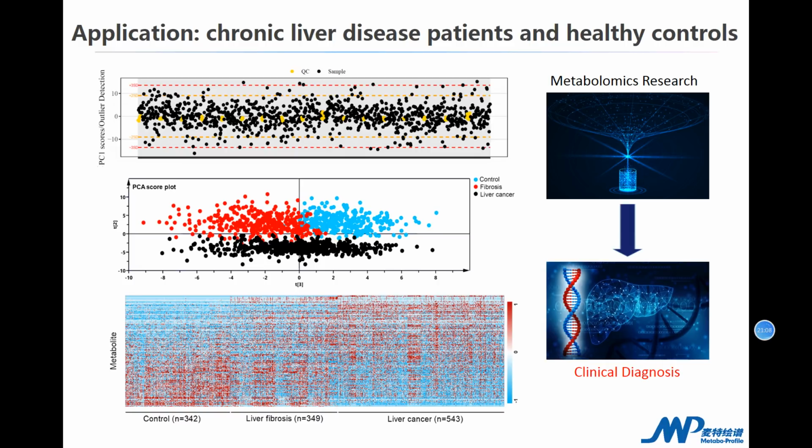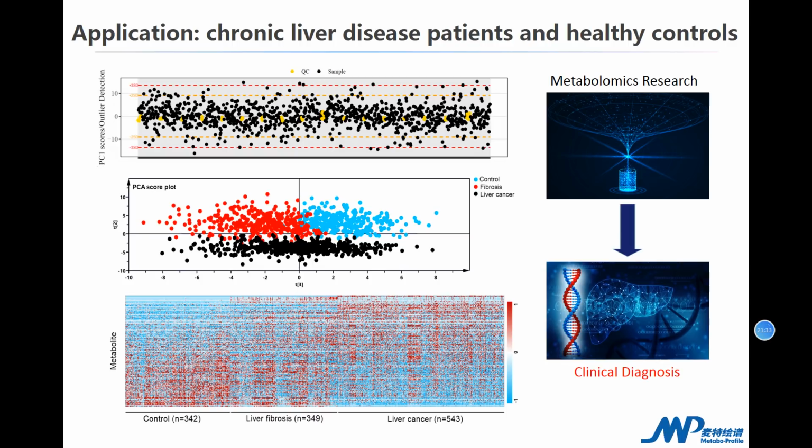These altered metabolites were validated in independent cohorts, and finally 5 metabolites were selected as diagnostic markers for liver fibrosis. These markers were used to develop diagnostic kits of liver fibrosis in our company now.